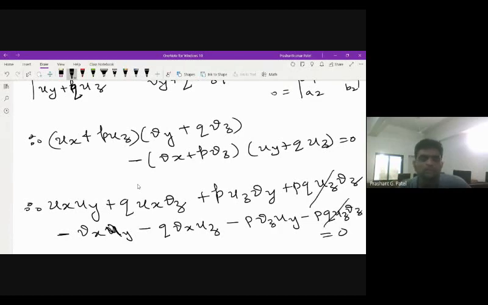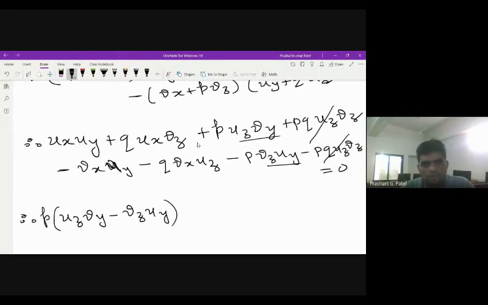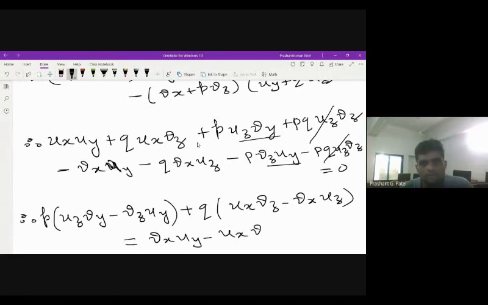The pq terms get cancelled out. So we write the coefficient of p and the coefficient of q separately. First the coefficient of p: uz vy minus vz uy, plus q times ux vz minus vx uz, equal to, taking these two quantities to the other side, vx uy minus ux vy.